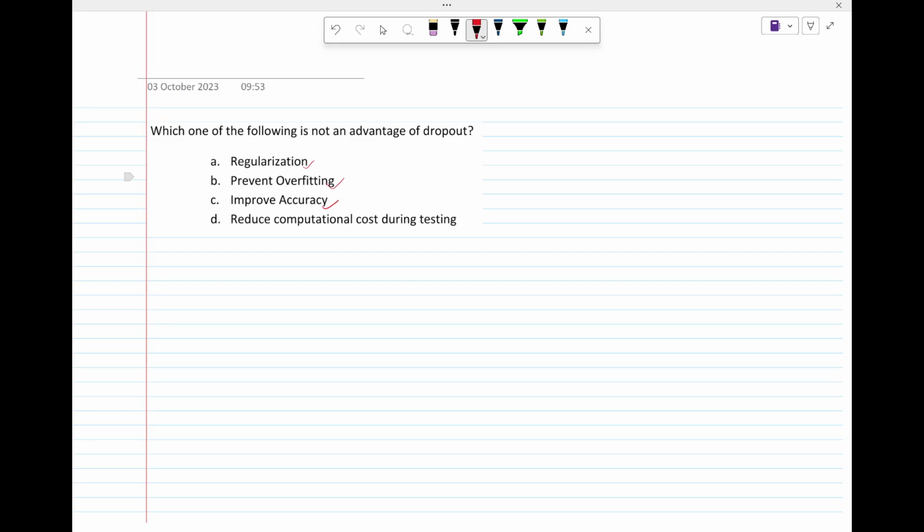While in the testing phase you use all the connections, you remove the dropout and you scale your weight parameters. So during testing, the computational cost will slightly increase per instance compared to training. So D is not an advantage of dropout.